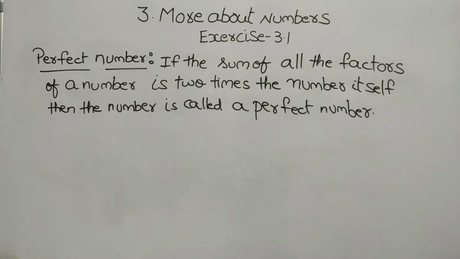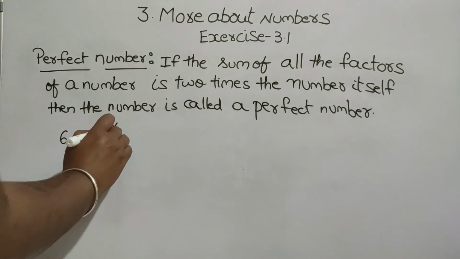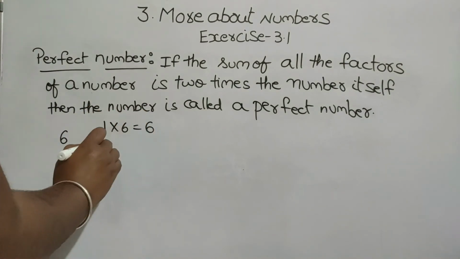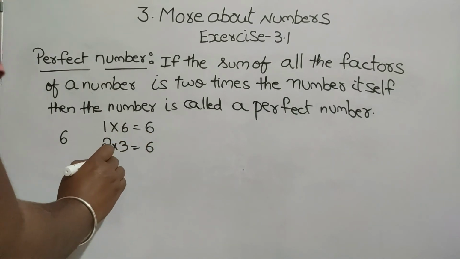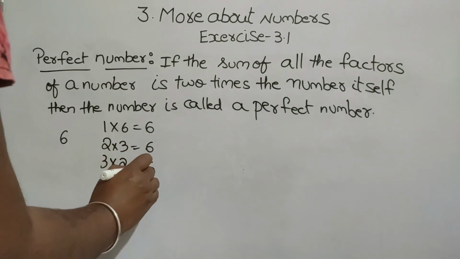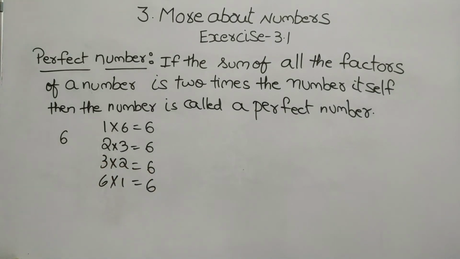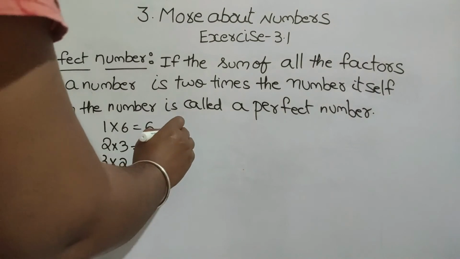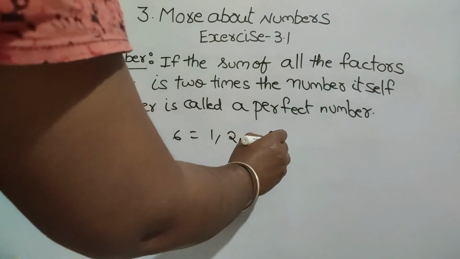If you see an example, we'll take 6. What are the factors of 6? 1 6s are 6, 2 3s are 6, 3 2s are 6, 6 1s are 6. So the factors of 6 are 1, 2, 3, 6.